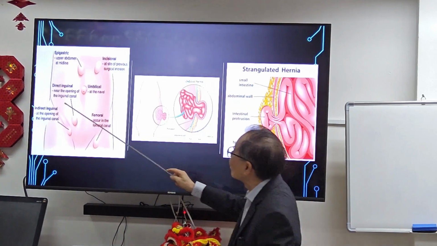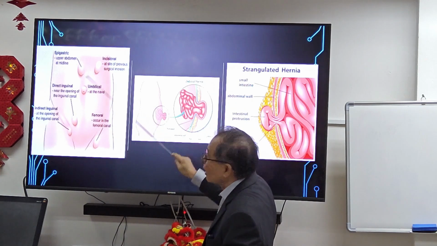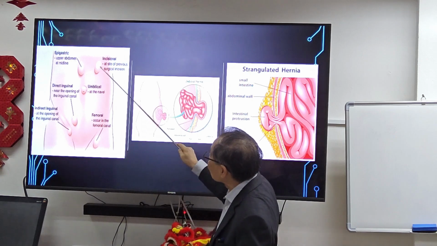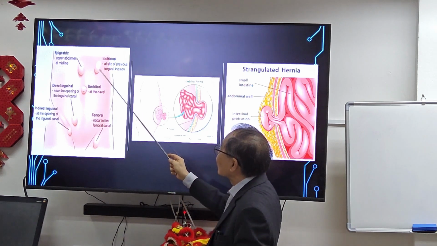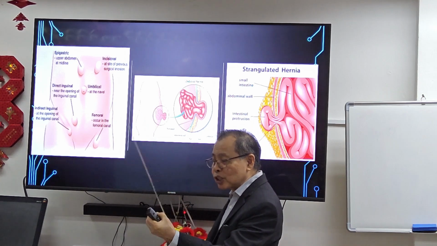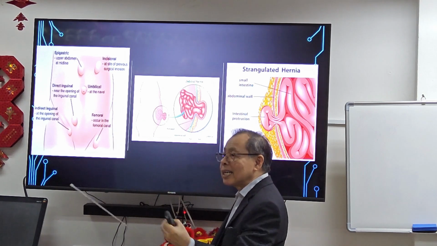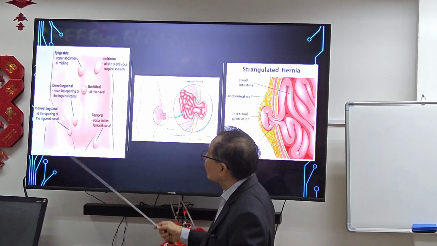So these are the locations: upper abdomen in the midline. If you have an operation and they have an incision, if they don't stitch you up properly, you can get an incisional hernia. That means there's a weakness, because it's not stitched properly, so the healing is not proper and intestines come out. Umbilicus, another common area.